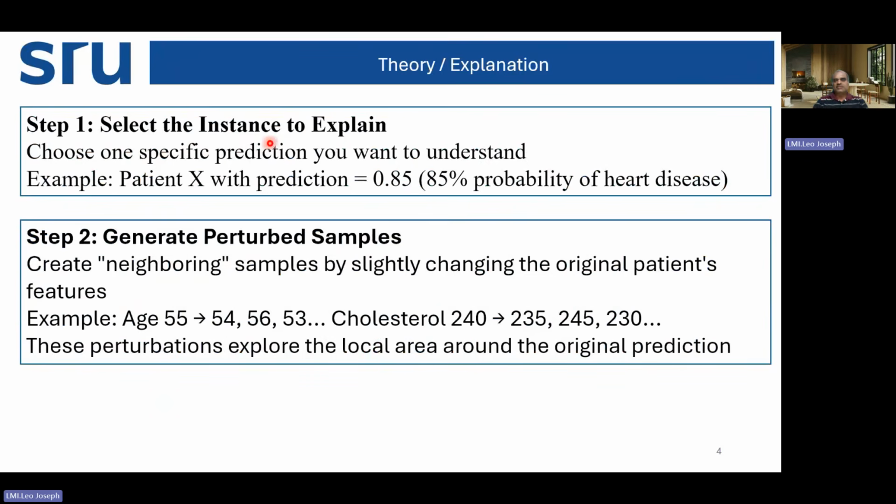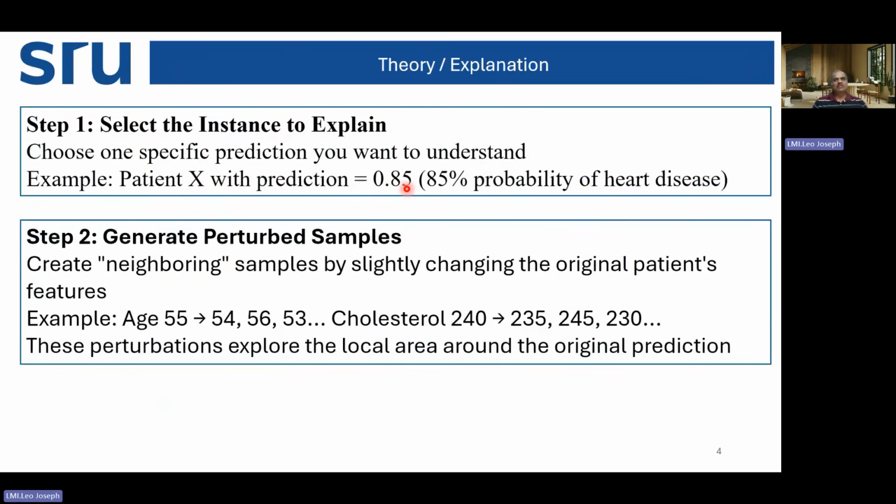First, we need to select the instance to explain. For example, we have 1,000 patients. We need not explain all 1,000 patients. We take one patient into consideration and explain why this prediction was made and what it means. Here you can see the example: Patient X with prediction 0.85.